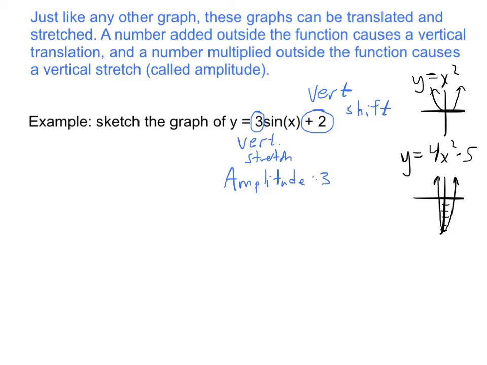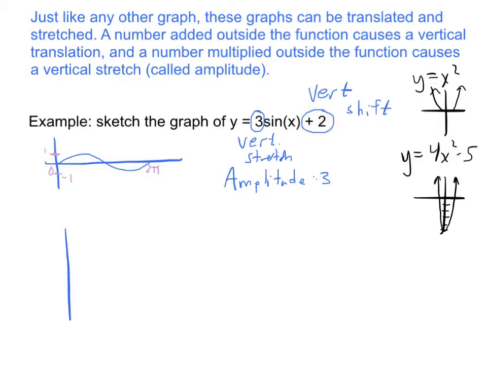If you remember your original sine graph, I'll sketch it here really quickly. It started over here at 0, ended over here at 2 pi, went up to a maximum height of 1, and down to a minimum height of -1. Our graph here is going to go up 3 and down 3, and on top of that, it's going to be shifted up by 2 units.